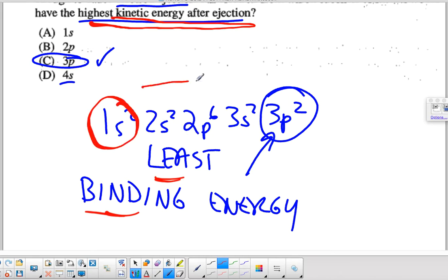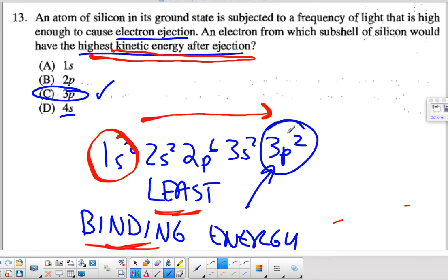So as you go this direction, the amount of binding energy, or the amount of energy that holds the electron in, is lower. So when you hit it with some electricity or a charge, electromagnetic light, and you bump this electron out, since this is held looser, it's easier, so you're going to have greater kinetic energy.